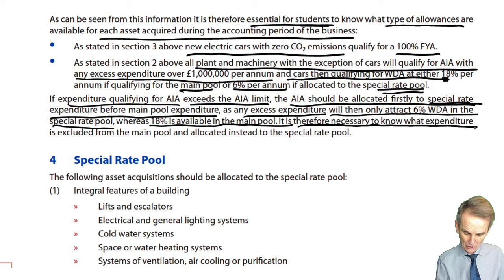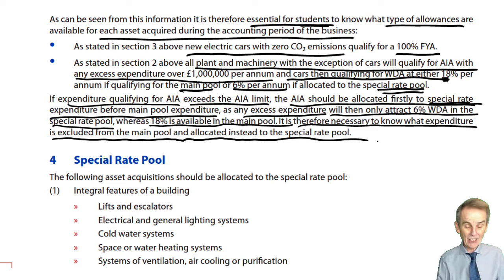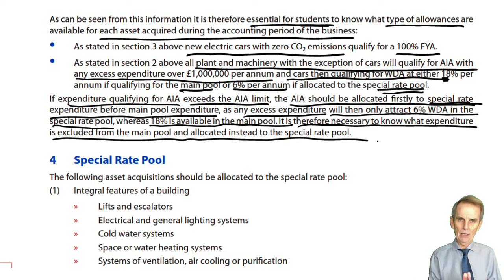So it's necessary to know what expenditure is excluded from the main pool and instead allocated to the special rate pool. If we've got that mix of expenditure and it's in excess of the AIA limit, whether the full 1 million or some time-apportioned reduced figure like 250, then the special rate pool expenditure, because anything left over will only get 6% writing down allowance going forward, we'd like to get as much allowance as we possibly can now.